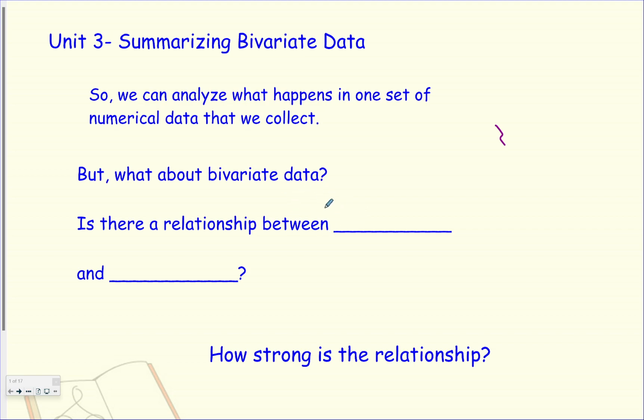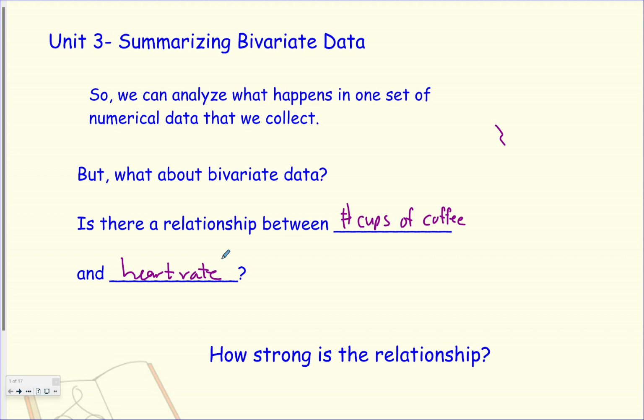Is there a relationship between the number of cups of coffee and heart rate? Those are two things that we can measure, right? I'm not just going to say coffee. I'm going to say the number of cups of coffee because that's something that I can measure. Same thing with heart rate. Is there a relationship between coffee and your heart?